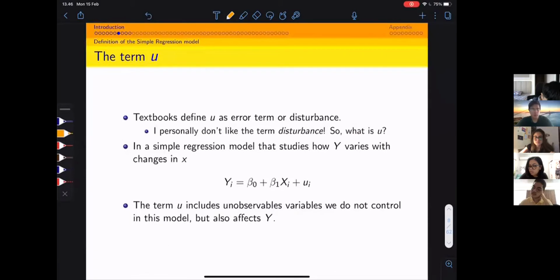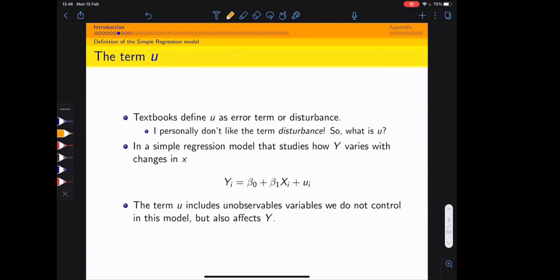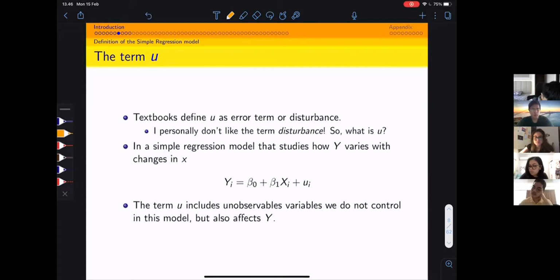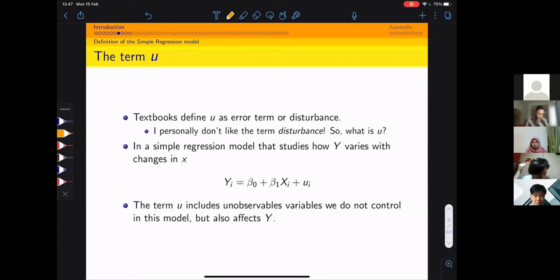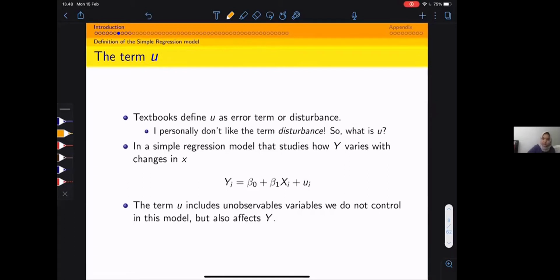Another feature of the population regression function is going to be the U. Okay, so I'll continue.